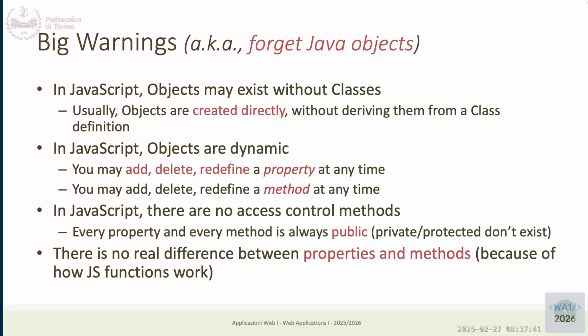We can define classes for helping us create objects, but an object is always independent also from the class it was created from. It has a life of its own. Classes are just an easier way of creating an object with some predefined template, but then they go on their own.